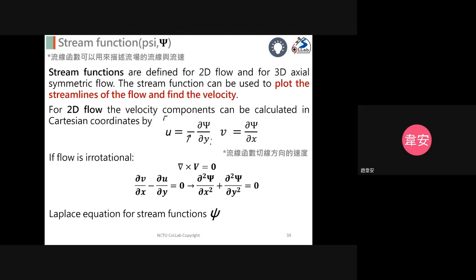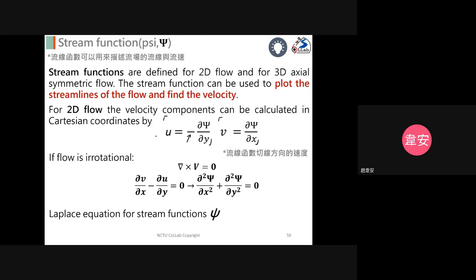Please remember the definitions of the stream function and their relationship with the velocity. The idea of this definition is that the stream function's gradient along the y direction gives the u velocity, and the stream function's gradient along the x direction gives the velocity in the y direction.